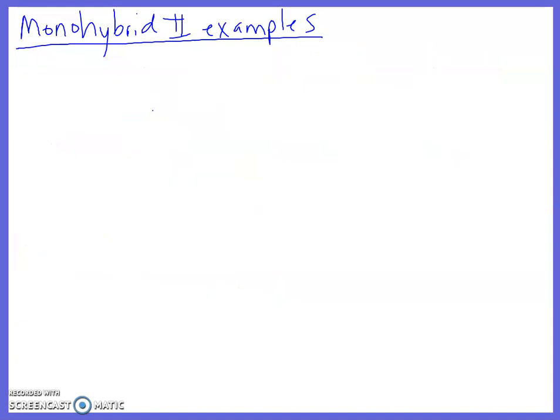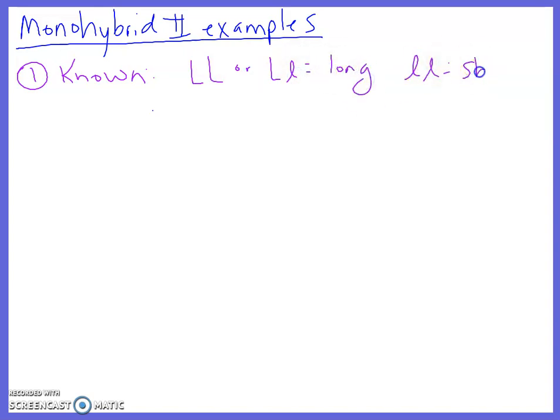We're going to follow kind of the same way where we've written our knowns and our unknowns and work in that direction. So whenever we're looking at number 1, in problems 1 and 2, it says assume that in some insects, long-winged is dominant to short-wing. So we're going to say known, and we're going to say that homozygous dominant or heterozygous is long-winged, and then homozygous recessive is short.